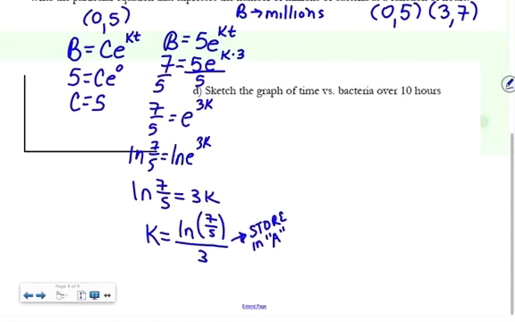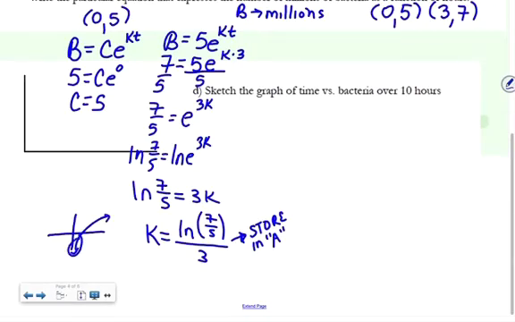The population's increasing, so the k value is going to be positive. The tire air was leaking, so the k value was negative. Yeah, what you can't do is take the ln of a negative number. But the answer out of an ln can be negative because the graph of the ln looks like this. So you have some negative values for y.